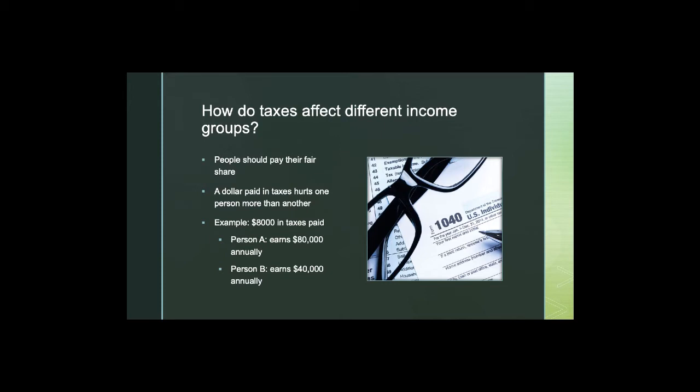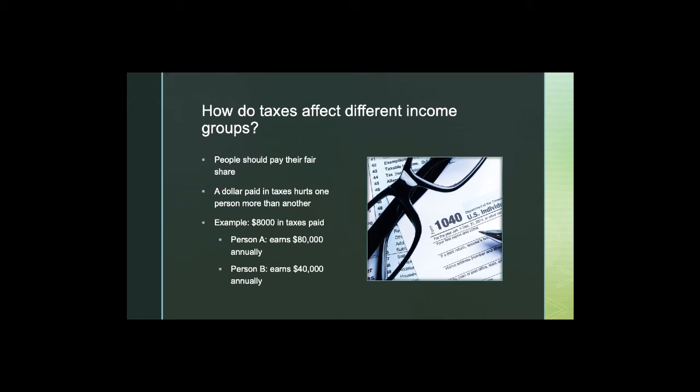If one person earns $80,000 a year and they owe $8,000 in taxes at the end of that year, well, that's substantially different than if a person only earns half that, $40,000 a year, and yet they owe $8,000 in taxes. You can see right there, wait a minute, that doesn't seem, well, fair, because it's certainly going to hurt person B an awful lot more than person A. Well, that's one way that we can think about what's fair in terms of a tax system.